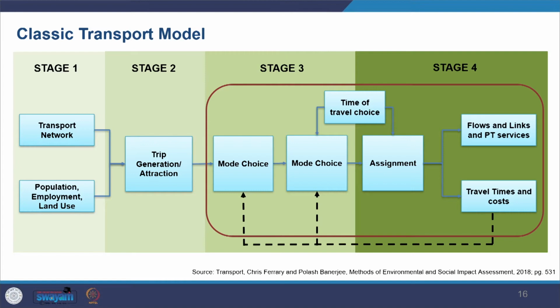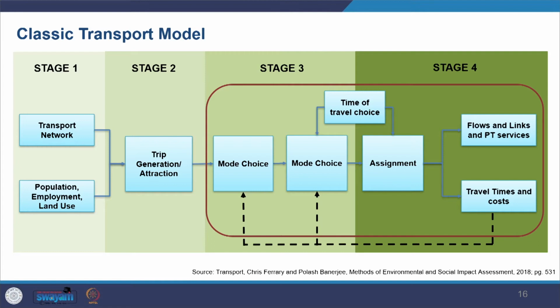And then in stage 4, you assign trips by mode, like by which mode people will go. They will go by walking, cycling, their private vehicles, or public transportation. So when people are moving, you look at how many trips there are, and then you assign them mode-wise. That is the standardized way of handling a transportation planning project.